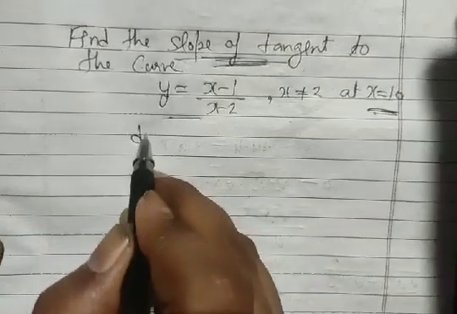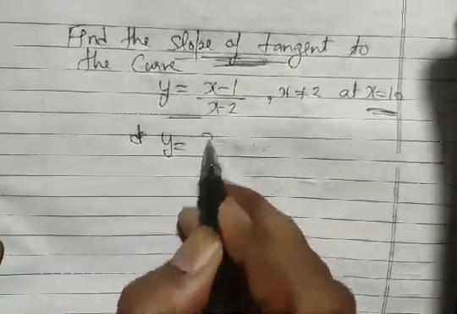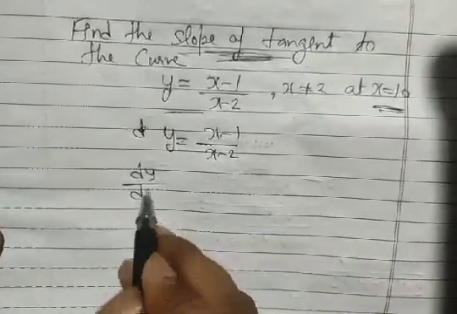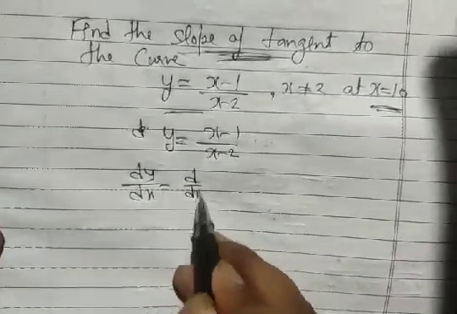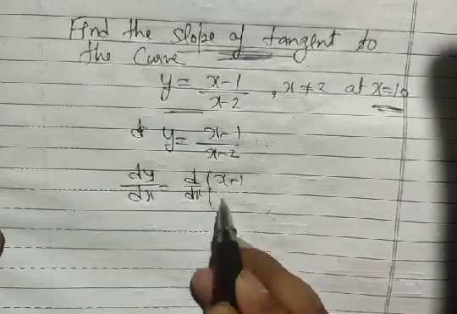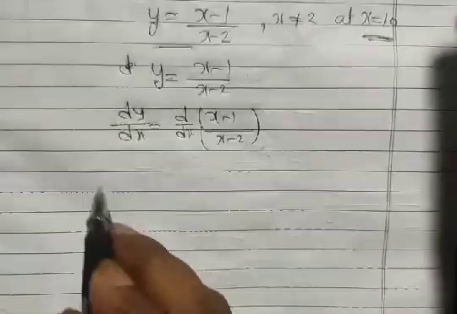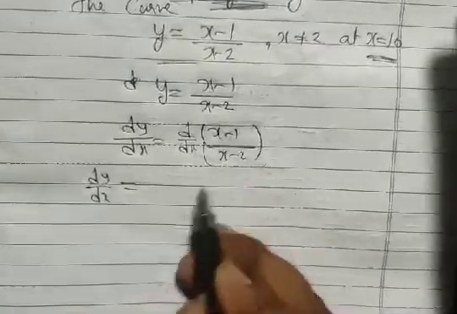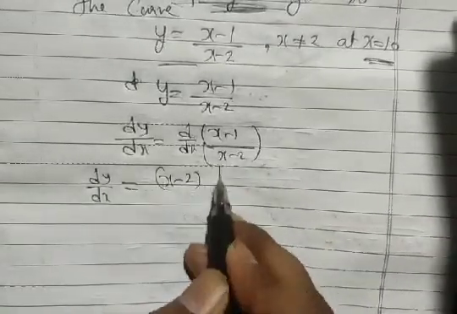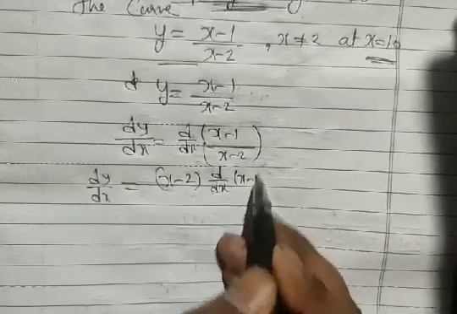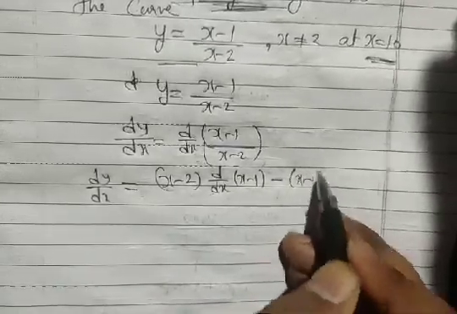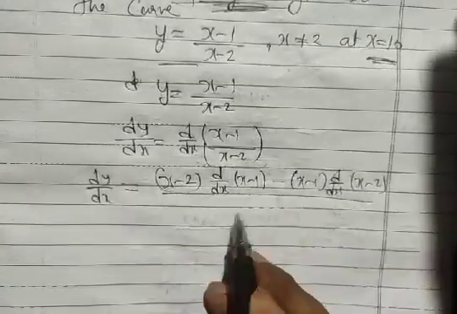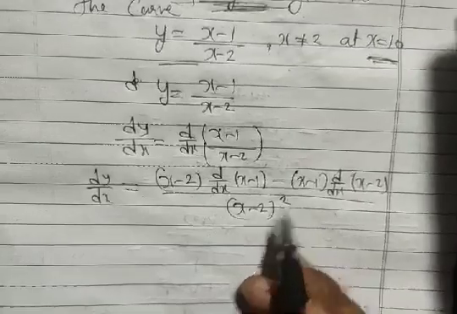What is our slope of tangent? It's our dy/dx. Now we have y equals (x minus 1)/(x minus 2). To get the slope, we are going to differentiate it. Now dy/dx is in f by g format: (x minus 2) d/dx of (x minus 1) minus (x minus 1) d/dx of (x minus 2), divided by (x minus 2) whole square.